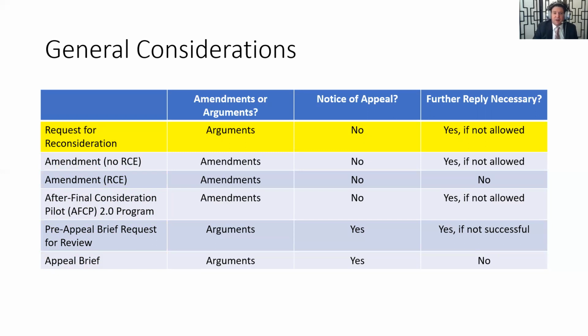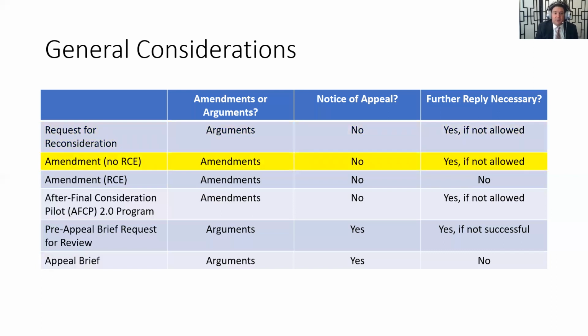These are free to file, and they don't stop the clock. So a further reply might be necessary if the arguments do not place the application in condition for allowance. If that's the case, typically you'll receive an advisory action.